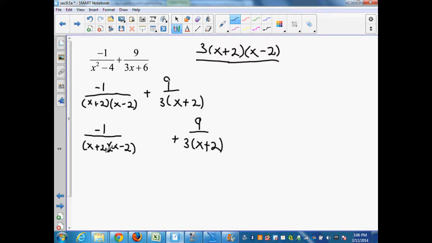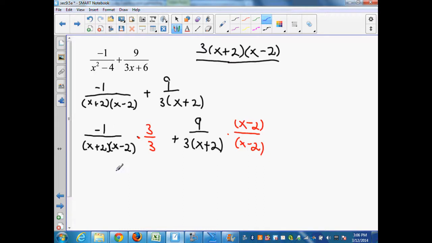We need to get this denominator to be this common denominator, so I'm going to multiply by 3 on the top and bottom. And this denominator needs to become this common denominator, so I'll multiply by x minus 2. So I'll simplify.